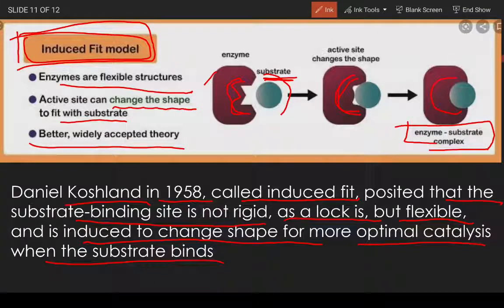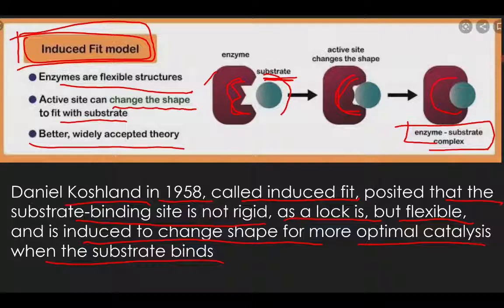So unlike the lock and key model, the induced fit model says that the active site is flexible and not rigid, and can change its shape according to the substrate for better catalysis. So this is the induced fit model.